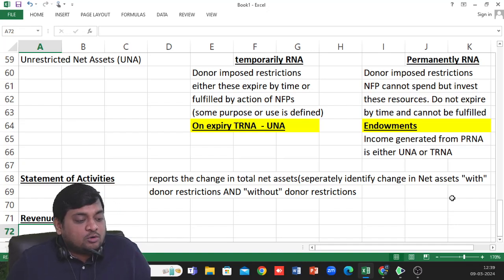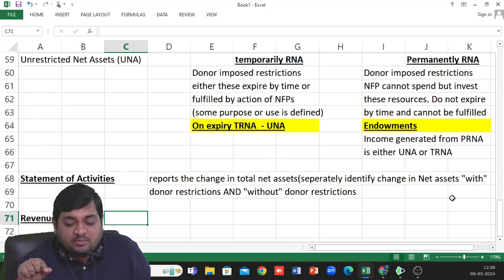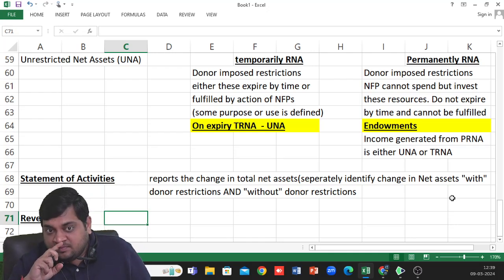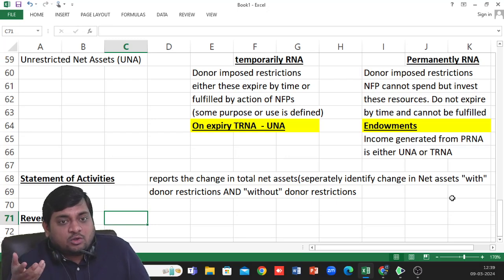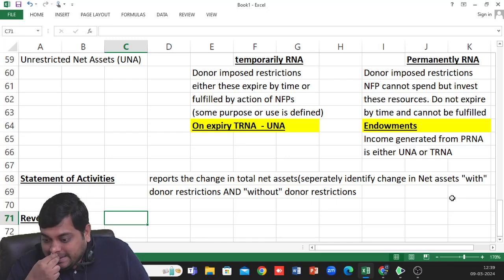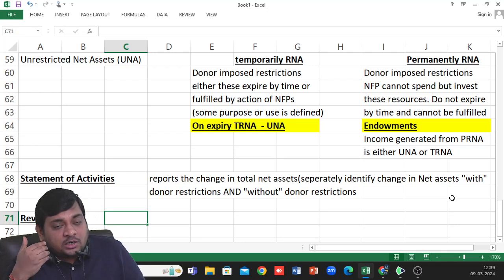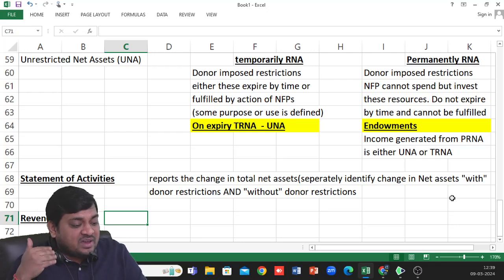What all is included in this revenue and gains? I told you this statement of activity represents change in net assets, with donor restriction or without donor restriction. Because of revenue the total net asset will increase, and because of expense it will decrease.